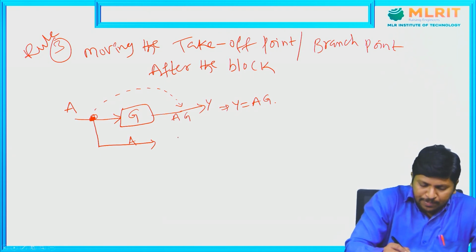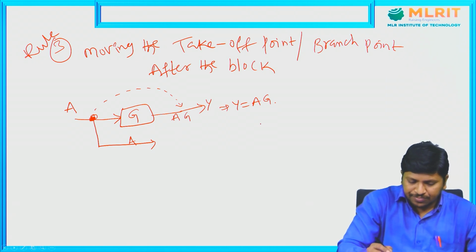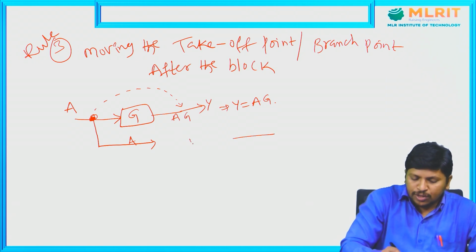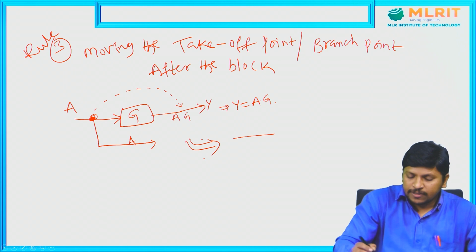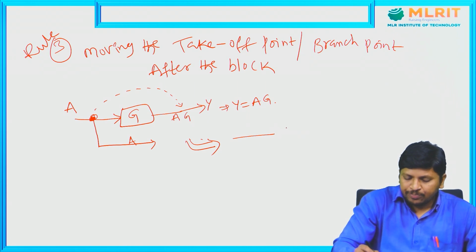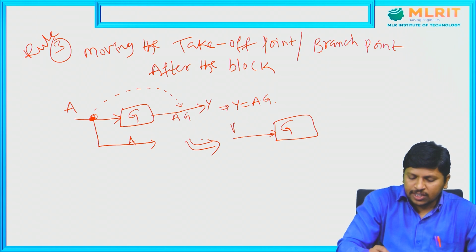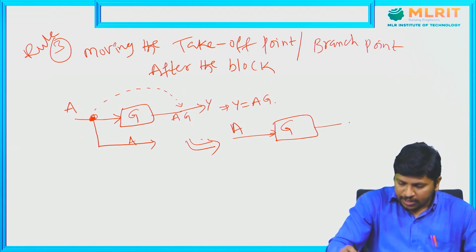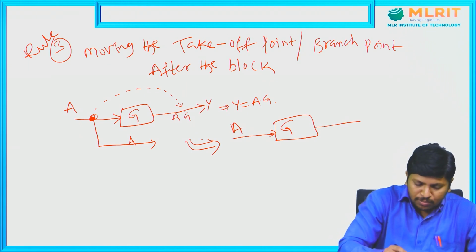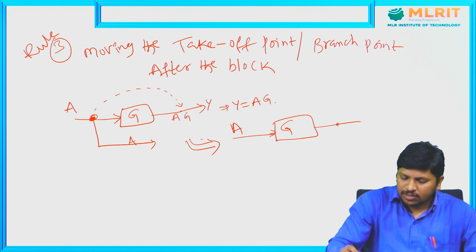Simply, I am going to draw this. Here G, input signal A, take off point. This take off point comes to here, after the block.